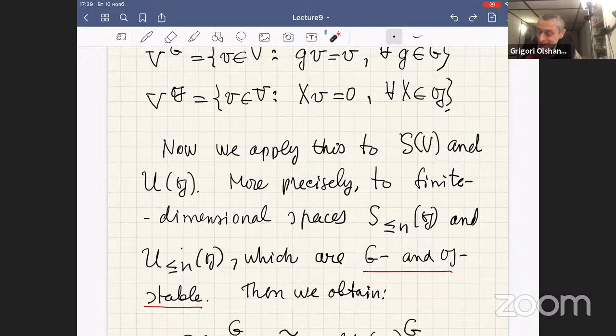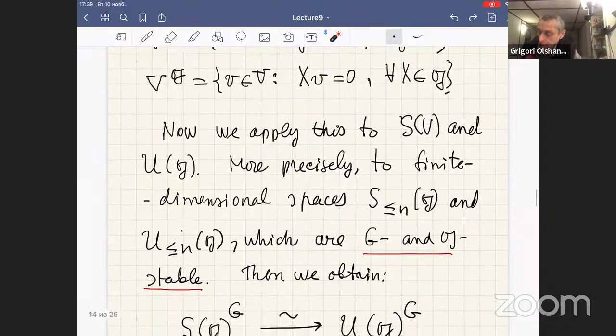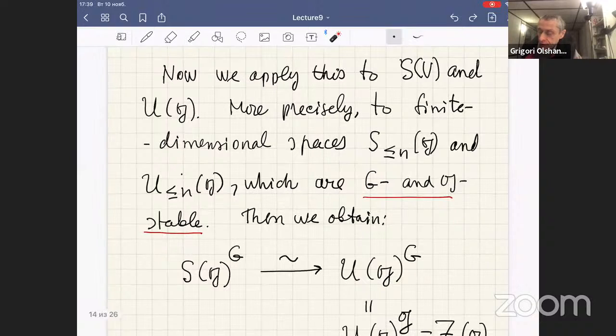So we can restrict to these finite dimensional subspaces and apply the same argument. And then we get that we have a linear isomorphism between the G invariants in the symmetric algebra and the G invariants in this algebra.